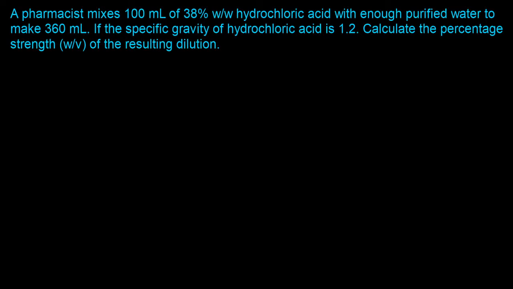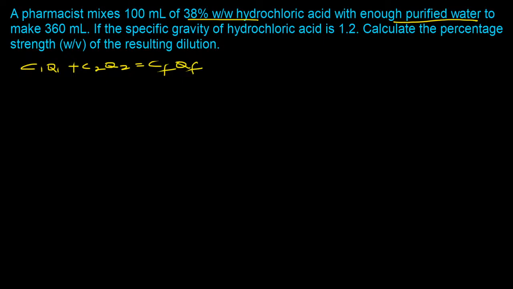So here again, you have two things you're mixing together, the hydrochloric acid and purified water. You're mixing the 38% HCl with purified water. And so two components implies that C1 Q1 plus C2 Q2 equals C final Q final.